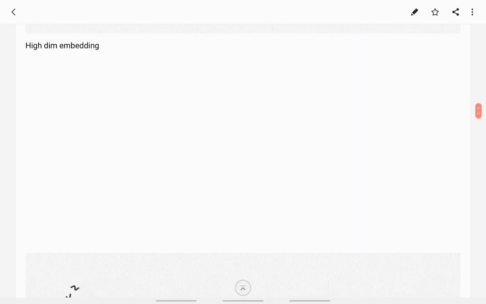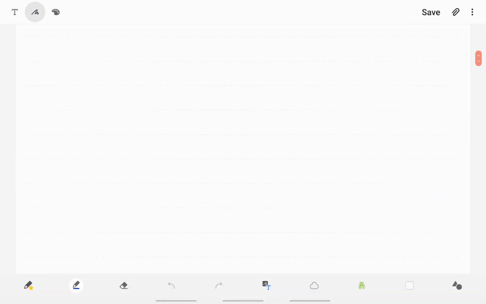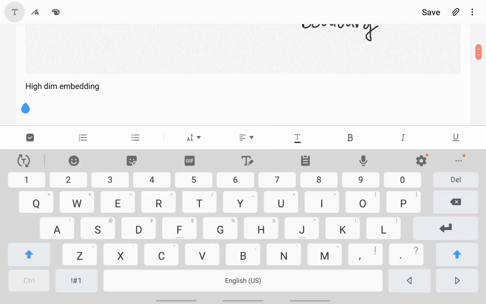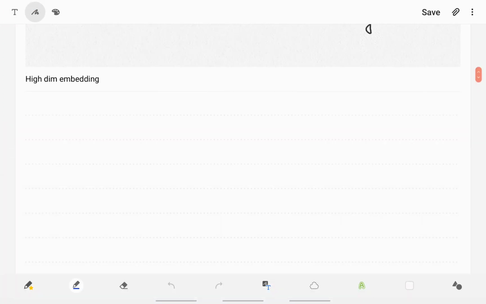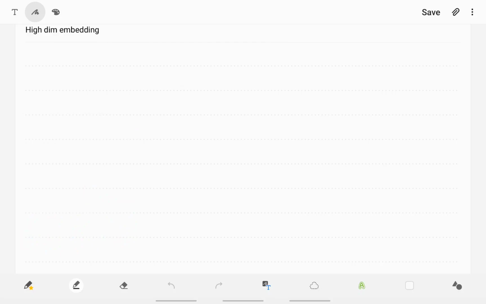So what does a high-dimensional embedding look like in math? For our high-dimensional embedding, the idea is that we're going to construct some predefined phi function.